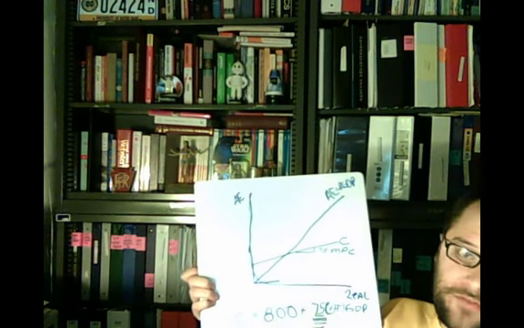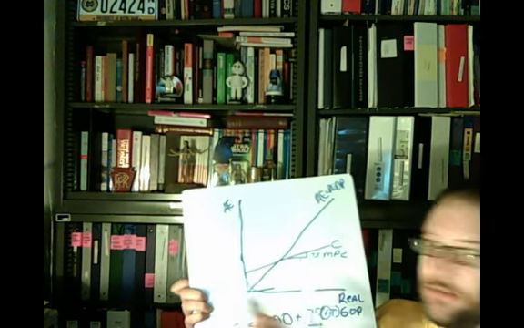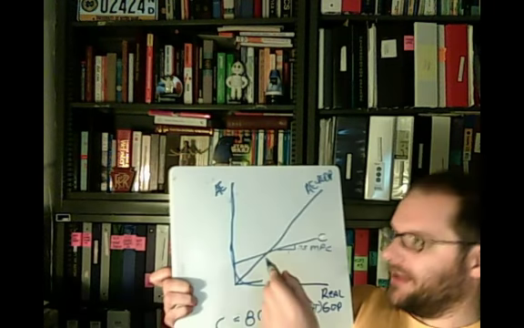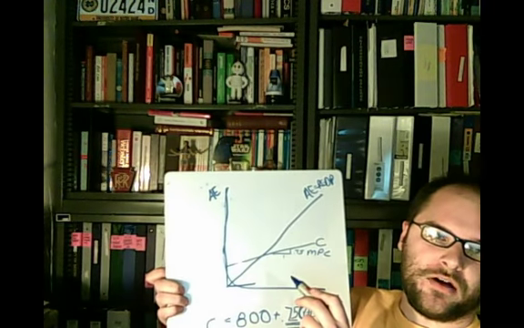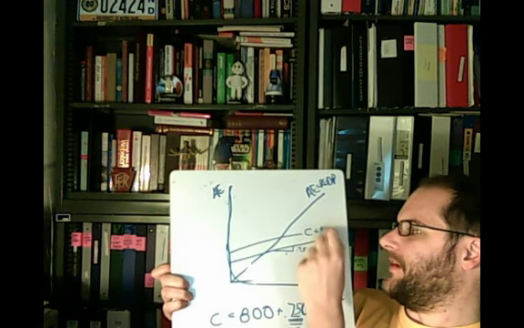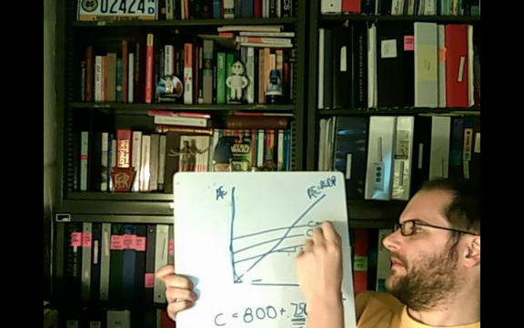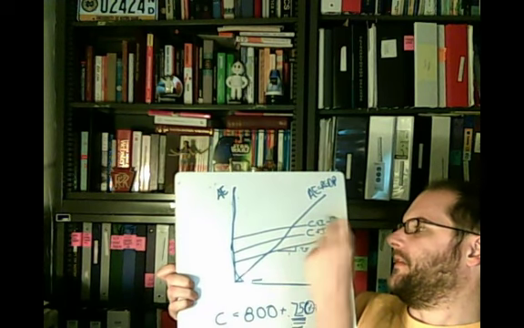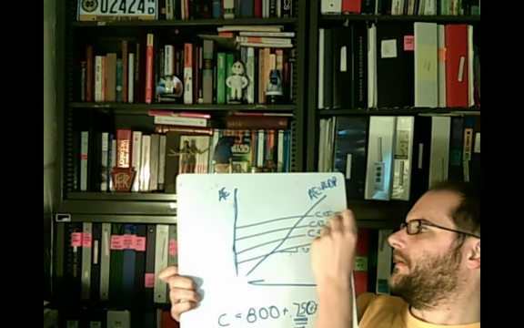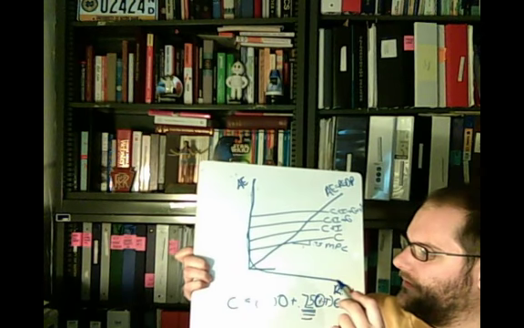Now we add to that investment, government expenditures, and net exports. Fortunately, all of those are considered exogenous, or fixed, and they're not at all related to income levels. So we basically just shifted up by investment, shifted up by government expenditures, and then shifted up by net exports.